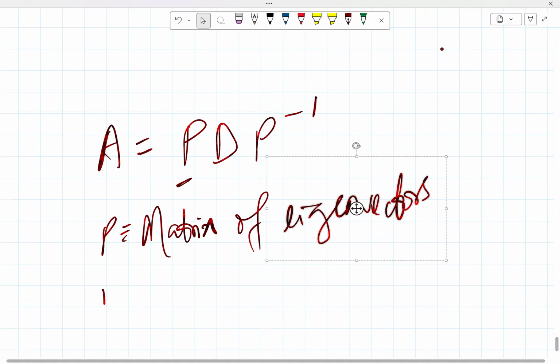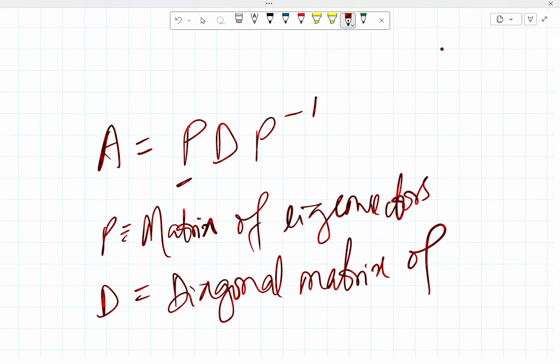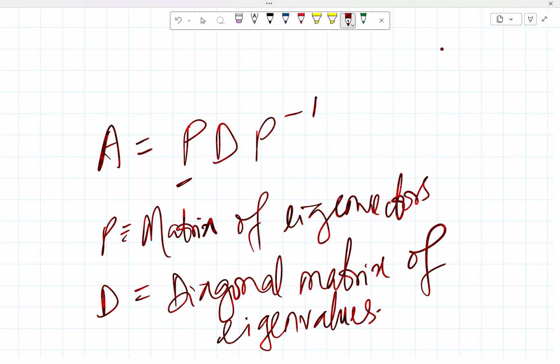On the other hand, D is a diagonal matrix of eigenvalues. So you just want to make sure that whatever eigenvector comes here must correspond with the eigenvalue here.